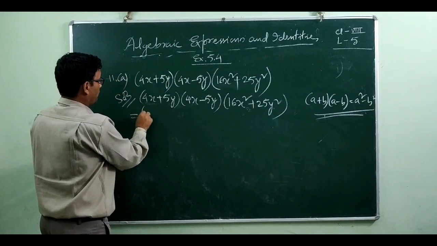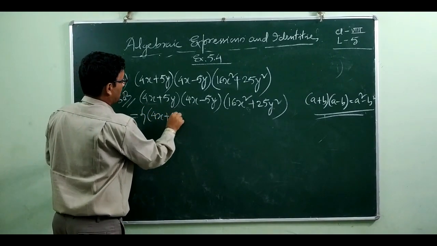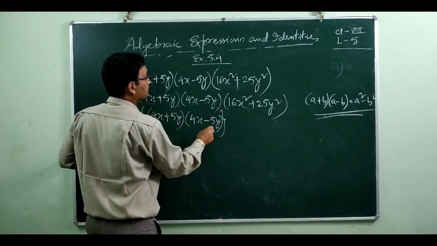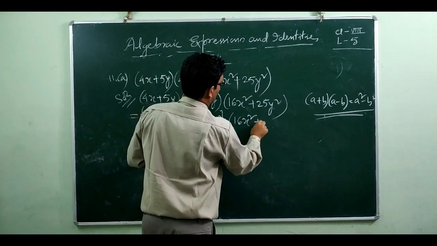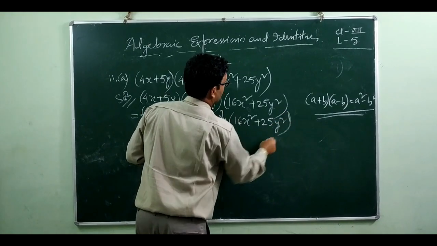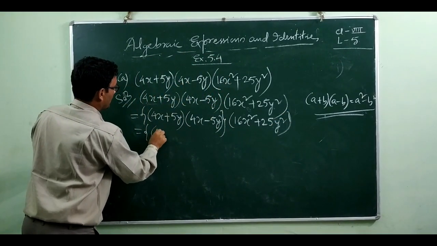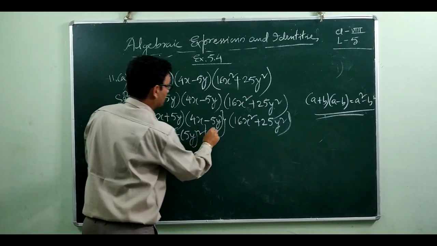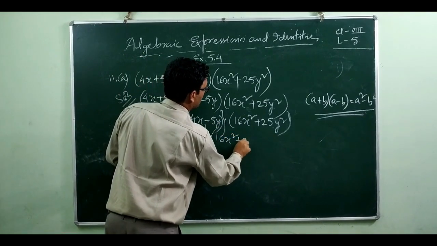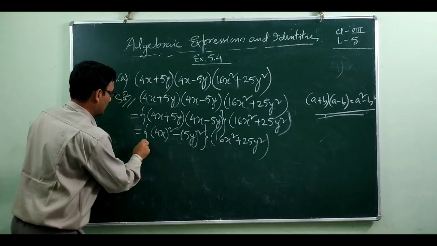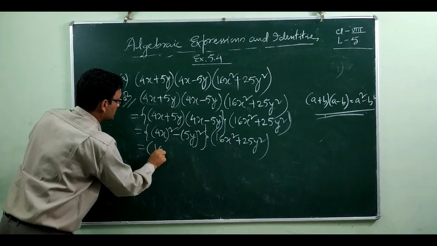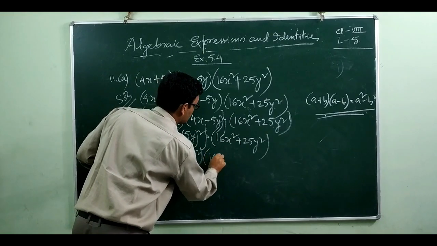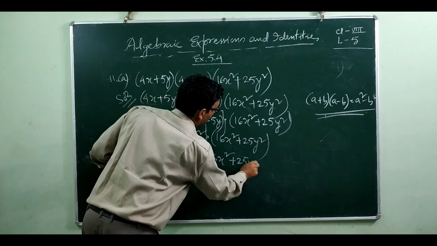So we'll write the first two brackets, (4x plus 5y) and (4x minus 5y), into (16x square plus 25y square). Then we'll write (4x) square minus (5y) square, then (16x square plus 25y square). If we multiply, you will get here 16x square minus 25y square, and here 16x square plus 25y square.